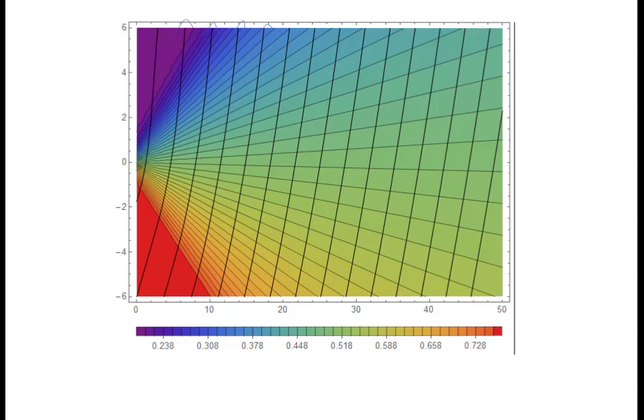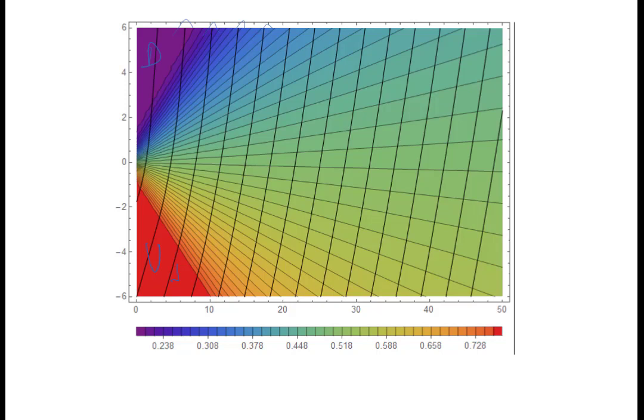Again, this is the state upstream and downstream in red and purple. Here you're going at a slower speed, VU, and then you accelerate to the speed at state D.